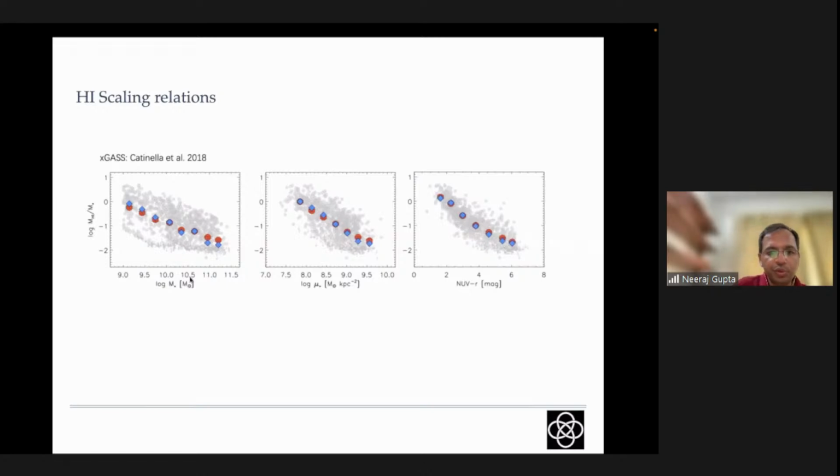What this is showing together is that galaxies which are more massive, which would come at the top right corner, more bulge dominated, which would come at the bottom right corner of this plot, and also which are red, which would again come at the bottom right corner of the third panel, have much lesser gas fraction, right?